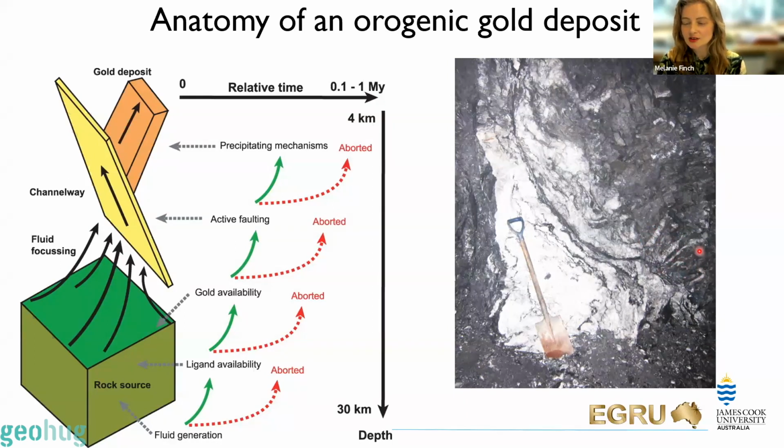These horizontal extensional or tensional veins tell us that this fault is a reverse fault, and so it's quite a steep reverse fault. That is actually quite common in orogenic gold deposits, that we have these reverse faults that are quite steep. But that's actually unusual.